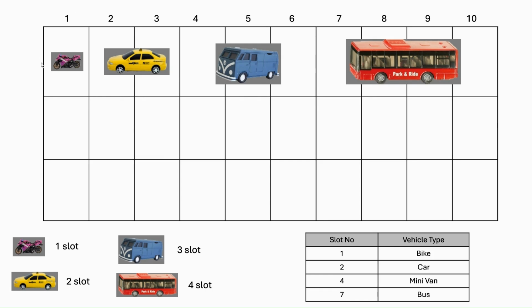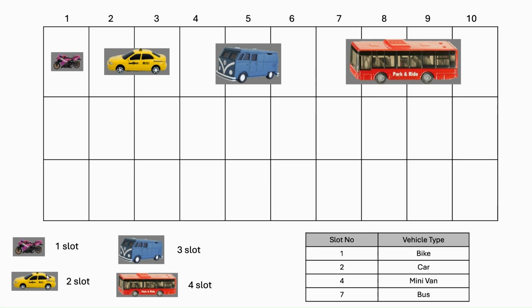A single slot can accommodate the smallest vehicle possible. In our case, the smallest vehicle is a bike. So we designed all the slots to be the same size, so that each can be used to park a bike, right? Like this, we designed.